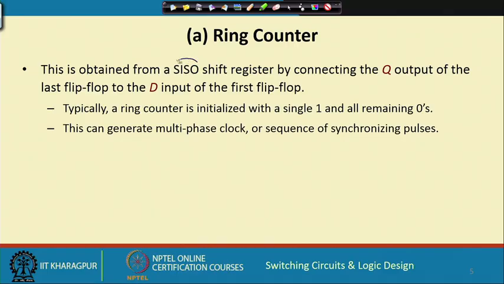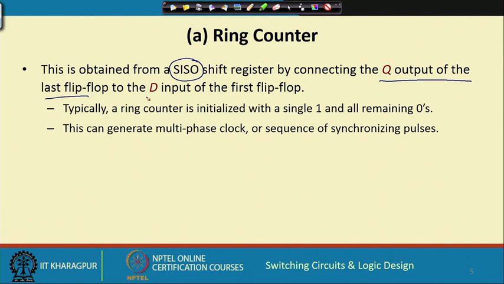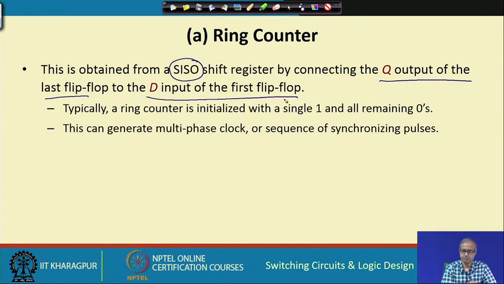So, we call it serial in serial out, SISO. Now, a ring counter is a special kind of SISO register, where instead of applying an external serial input SI, we connect the Q output of the last flip flop to the D input of the first flip flop.